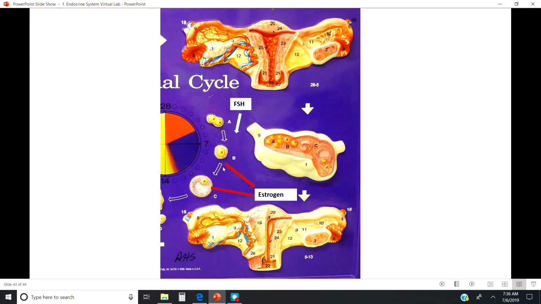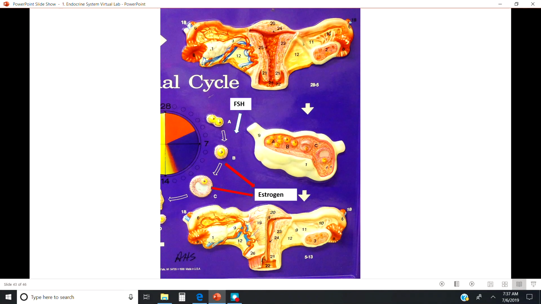Primary follicles will become secondary follicles, which really aren't shown here. And then finally, a secondary follicle near the end of the second week or so is going to become a mature follicle. So all of that maturation is under the direction of FSH, follicle stimulating hormone.